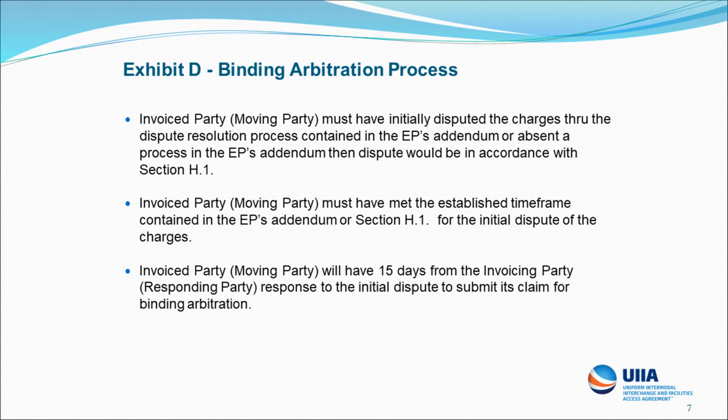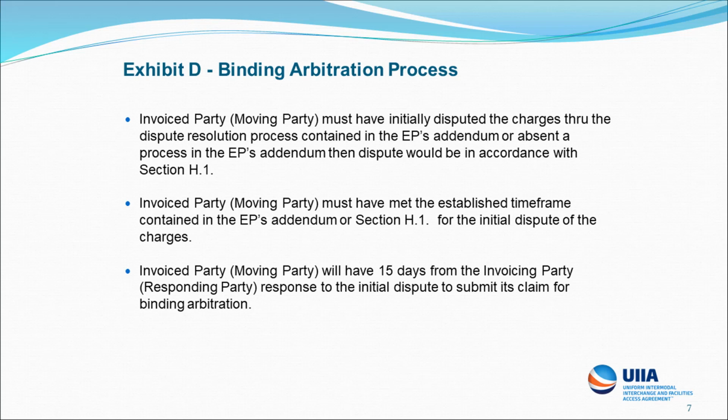Now, we've had instances where motor carriers may come back and indicate that the provider never responded. If that's the case, you need to allow the time frame that is either in the EP's addendum or what is in the default dispute process before you submit the claim. So if you submit a dispute to an equipment provider and they allow 30 days to respond to your initial dispute, then you would need to allow those 30 days.